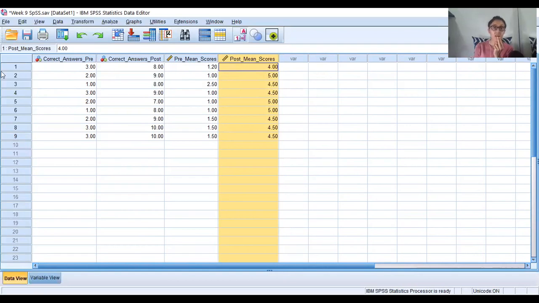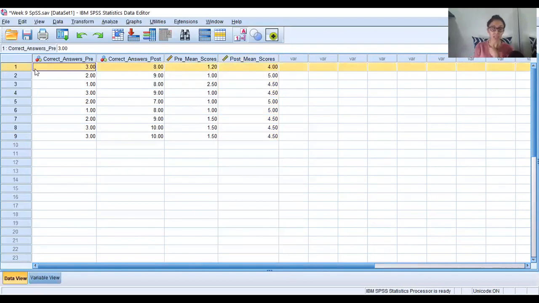So meaning this one person, which is me, you have measured me before the intervention and after the intervention. That's one pair of responses from me, a participant. So that's why we are using a paired sample t-test, because you have measured my responses at 2 time points, but I'm the same person. Hope that makes sense.